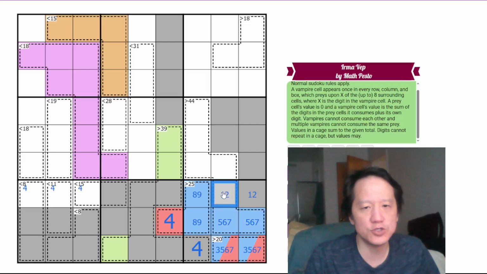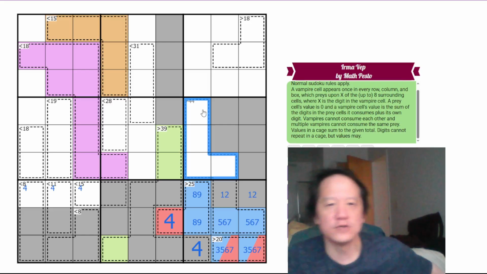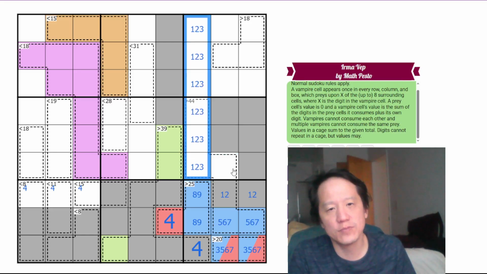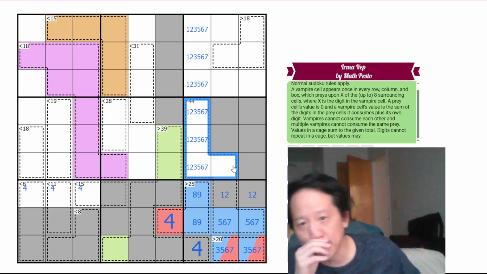This has to be 2 at most, which means the value of these cells has to be at least 40. Okay, so what are the remaining digits in column 7? They are 1, 2, 3, 5, 6, 7. And there are no repeat digits in cages, but values can repeat.